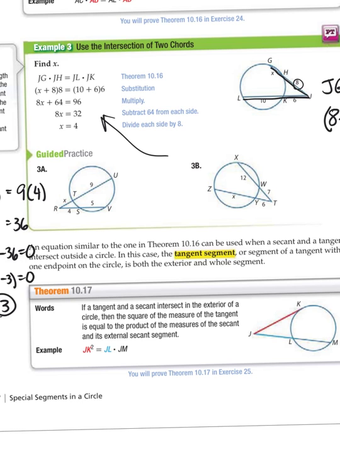Okay, and the same thing we did over here. 6 plus x, the whole thing, times the outside part equals the whole other secant segment times its exterior part. See, 19 times 7 was 133. And 133 minus that 36 was 97. So I believe x was 16 and a sixth when we simplified it.